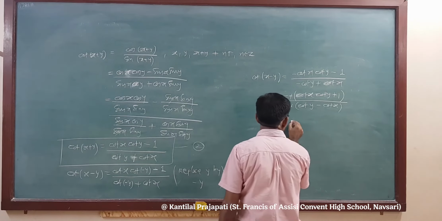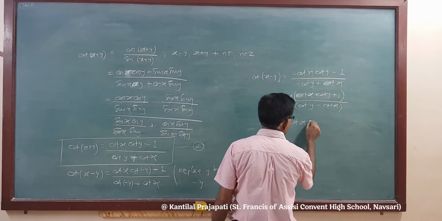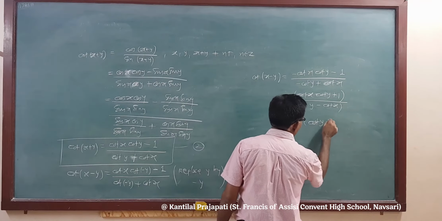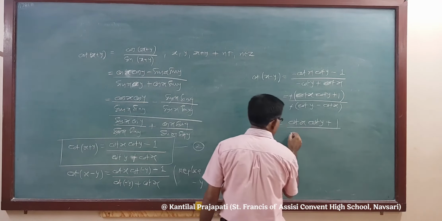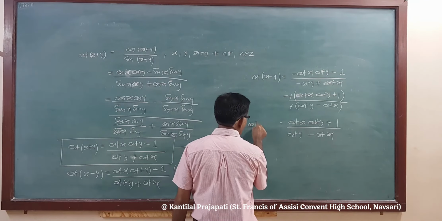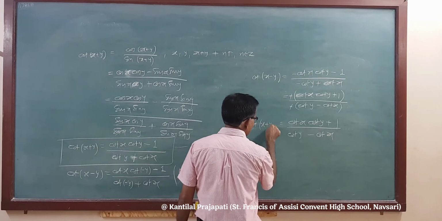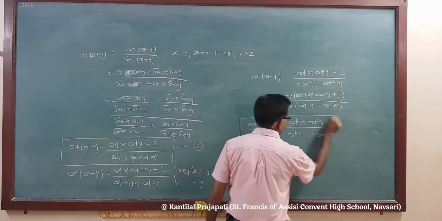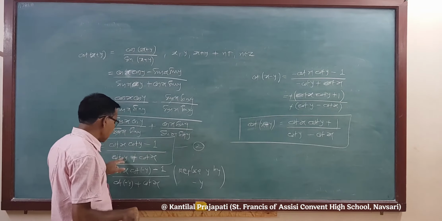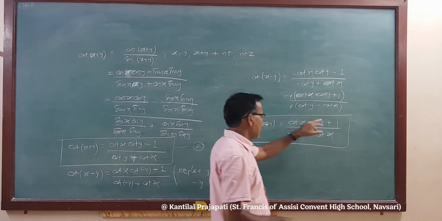So finally you get cot x cot y plus 1 upon cot y minus cot x. This is the formula of cot(x + y). Sorry, cot(x - y). Only the sign will be changed. See both formulas: minus plus, then you get minus plus here, and minus here, then plus and minus.